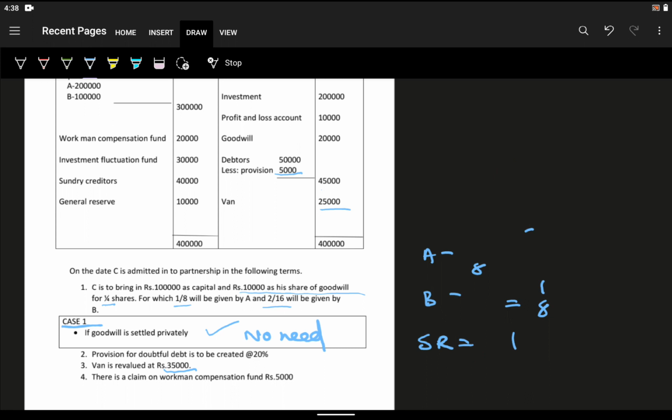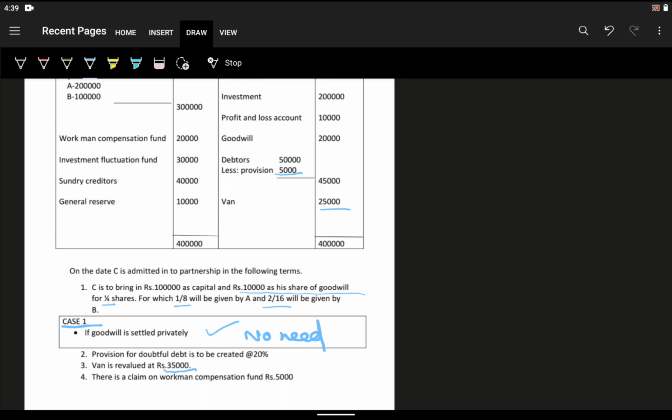It is a fund which we kept for compensating the workmen, those who are working in our company. If any danger or disaster happens, we will compensate by using this fund. In this question it is given there is a claim. A worker claimed 5,000 because of some damages.